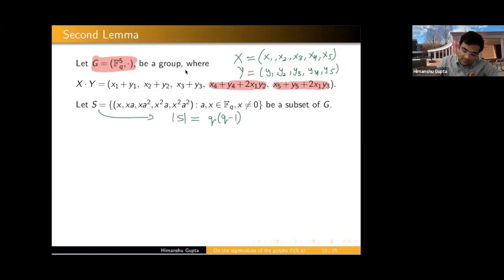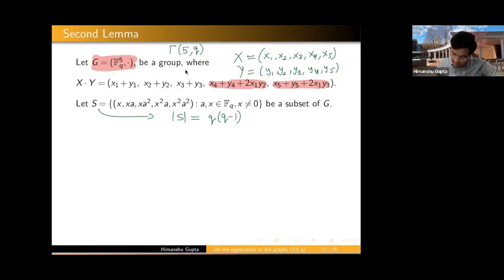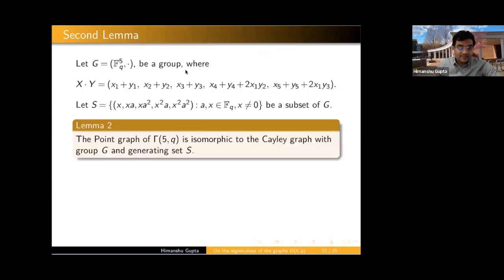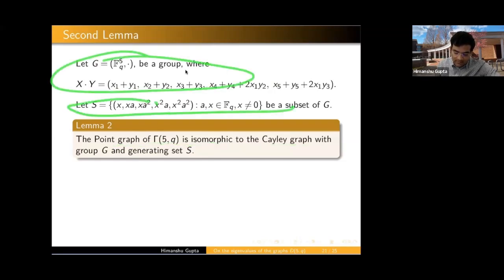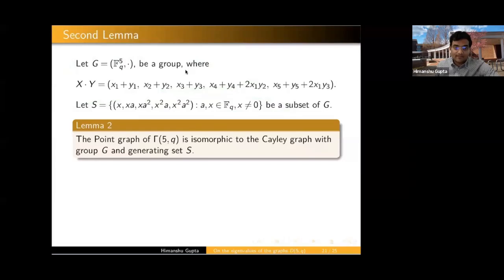So I'm working with this graph Gamma_5(F_q). I give you the group, I give you the subset. The next lemma says that the point graph of Gamma_5(q) is isomorphic to the Cayley graph whose group is this and whose generating set is this.